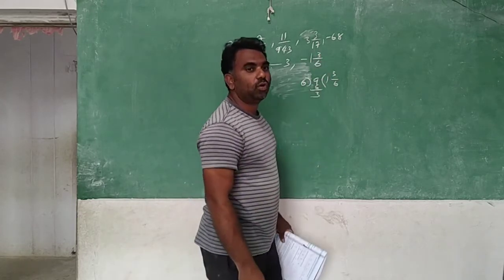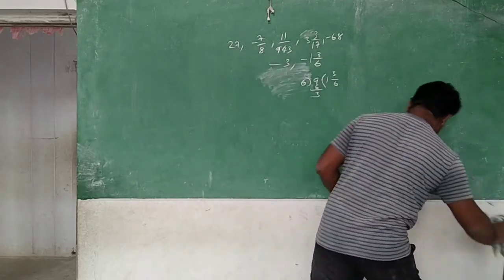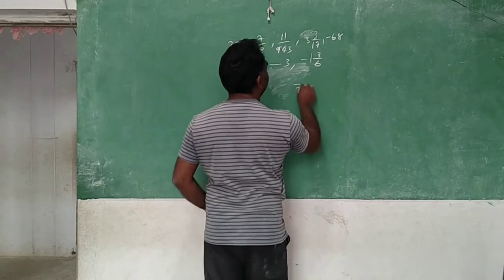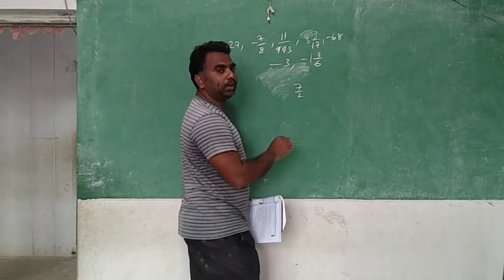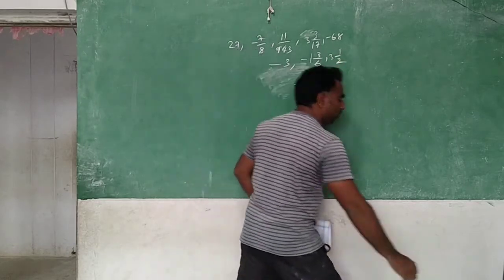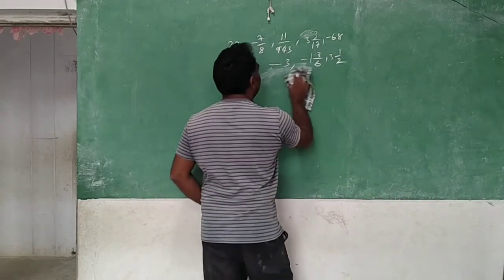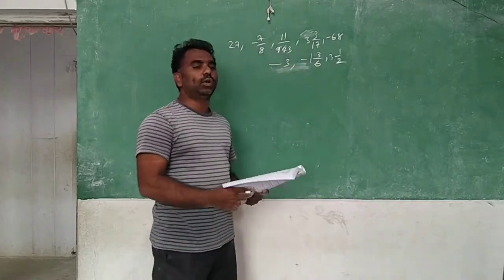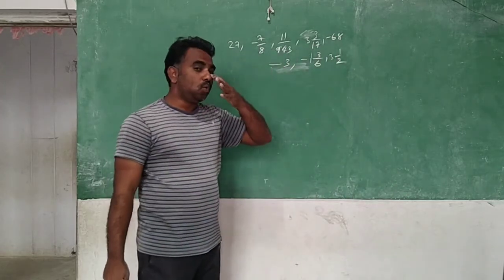Negative fraction. Minus 1 3 by 6. And the last number is 7 by 2. That is also improper, you need to convert. You will get 3 1 by 2. So first of all you do one thing: if the improper are there, you convert. Otherwise you write directly.